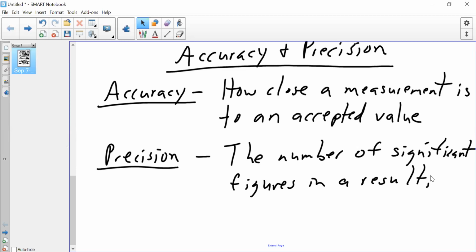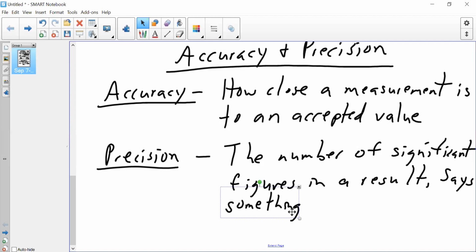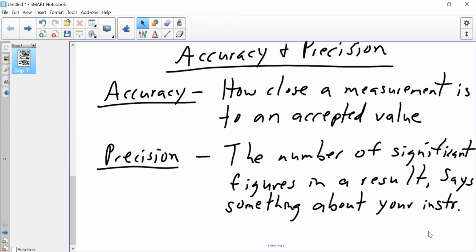So the number of sig figs in a result says something about your instrument. I'm going to say instrument for short.